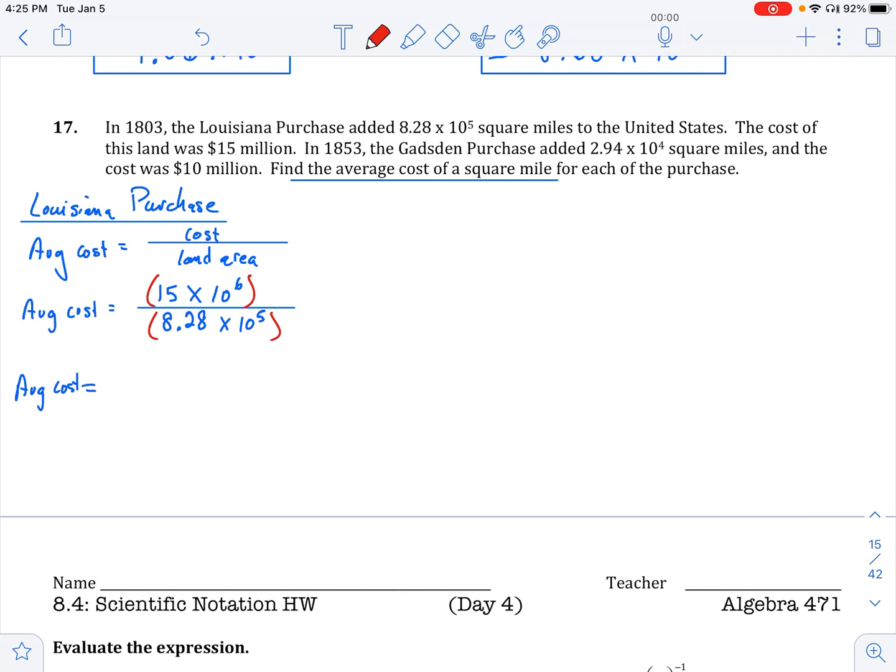So as I hit enter on my calculator, I find out that this is, I would not like to say equals, I'm going to make sure that we are appropriate here, approximately 18.11594203. I can say that this is American money, so we're going to round it. Looking at the third decimal place that is a 5, I'm going to say it's about $18.12 per 1 square mile.